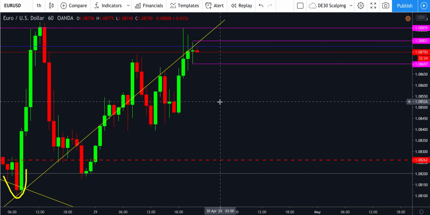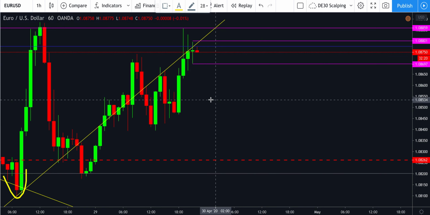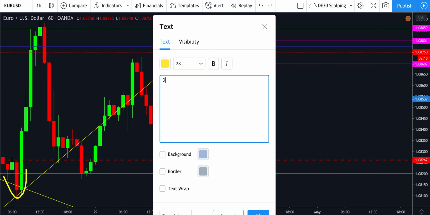So this is an inside bar, and this is a double inside bar trade. I give it to you here, double inside bar trade.